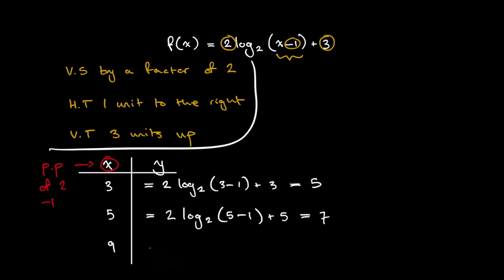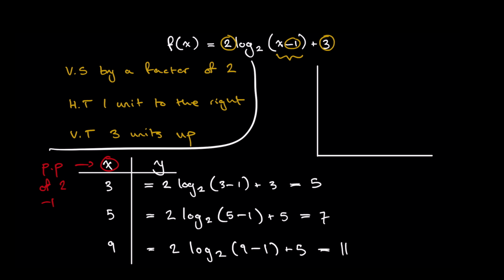And finally, when x is 9, we get 2 times log base 2 of 9 minus 1 plus 3, which turns out to be 11. And from here, we can draw our Cartesian plane. And I'm only going to draw quadrant 1 because all our points are positive.